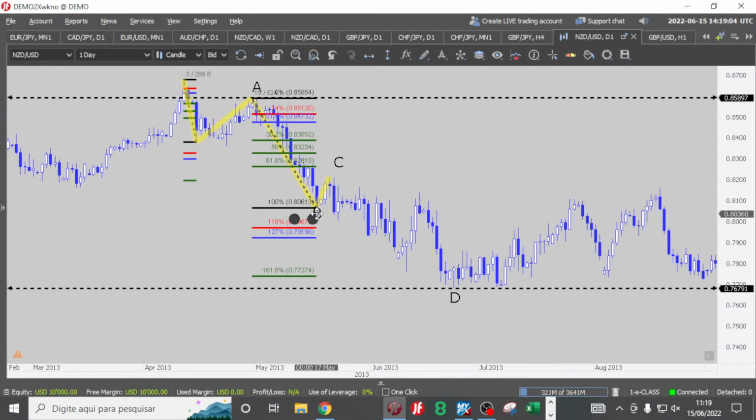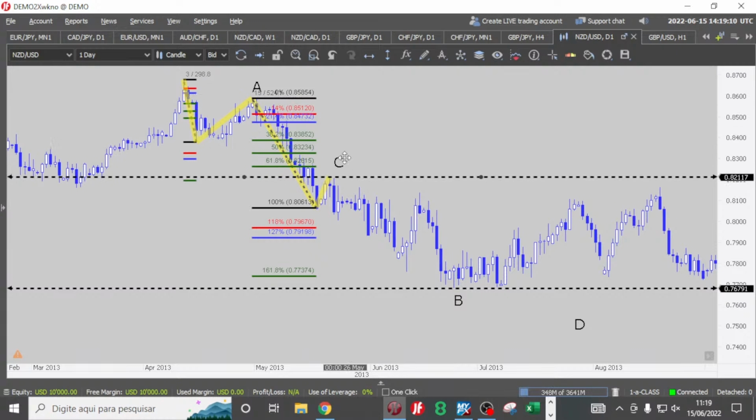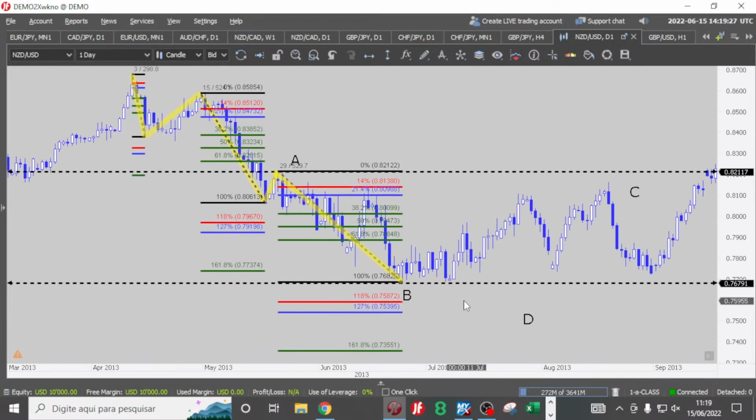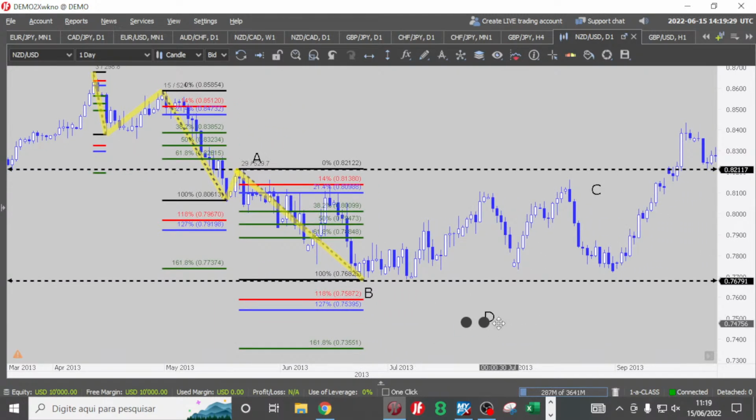B goes to D, right? B goes to D, and our A goes to C. And another Fibonacci retracement tool, A, B, C. We are going to connect A, B, C, D. Moving forward. Now A, B, C, D, right? Okay.